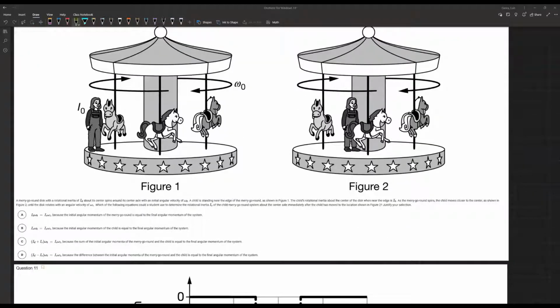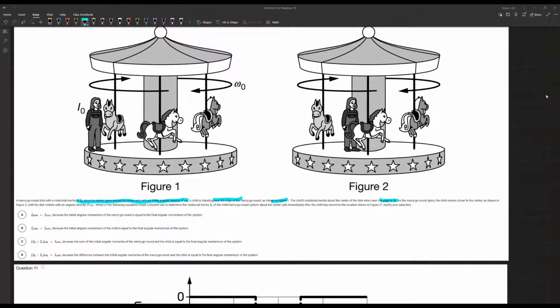A merry-go-round disk with a rotational inertia of ID about its center spins around a central axle that has an initial angular velocity omega naught. A child is standing near the edge of the merry-go-round as shown in figure 1. The child's rotational inertia about the center of the disk when near the edge is I naught.